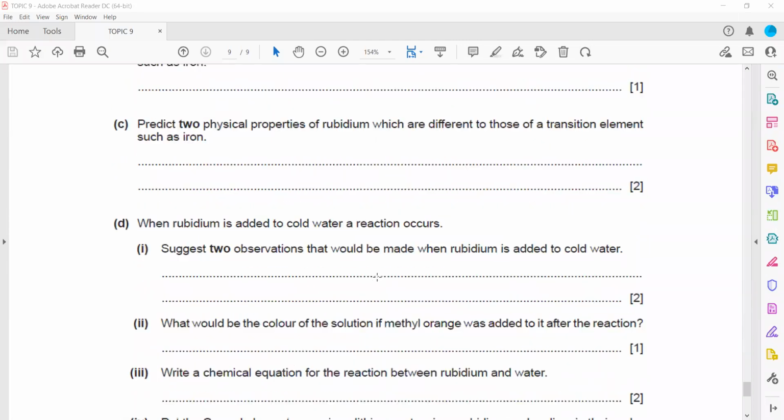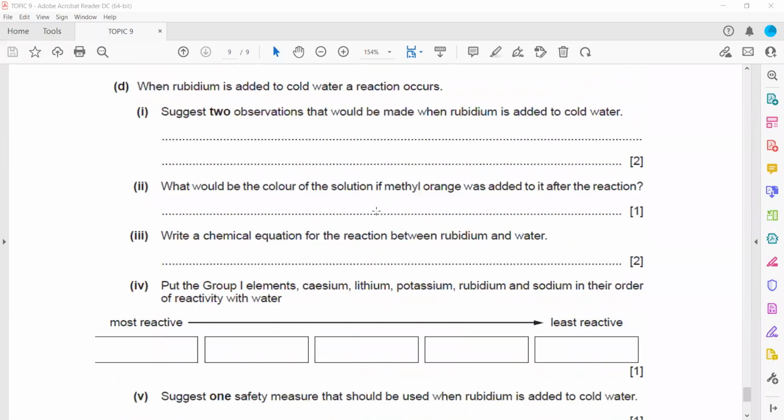Then suppose rubidium is added to cold water. When alkali metals are added to cold water, what will happen? Because alkali metals react with water, they make the solution alkaline and hydrogen gas is given off. So when rubidium is mixed with water, it will form an alkaline solution, a hydroxide, plus hydrogen gas.